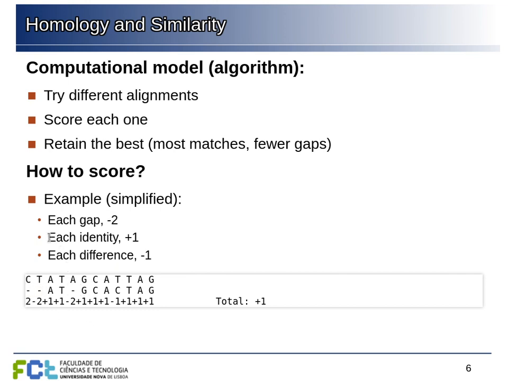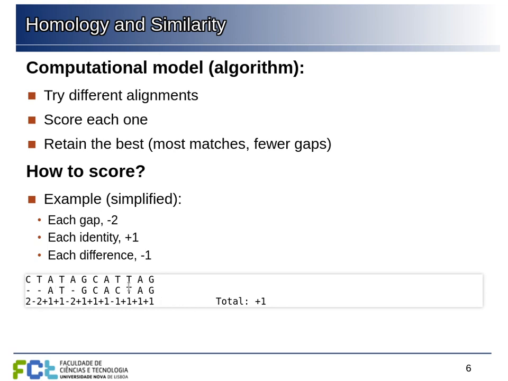If we have an identity, that is, if a character matches with the same character on the other sequence, then we add 1, and if we have a difference, we subtract 1. So here we have a -2, the minus sign there disappeared, another -2 here for this gap, a +1 for this identity, +1 here, and so on.